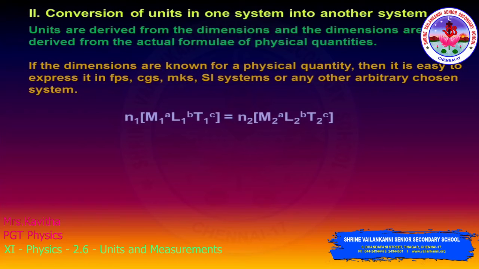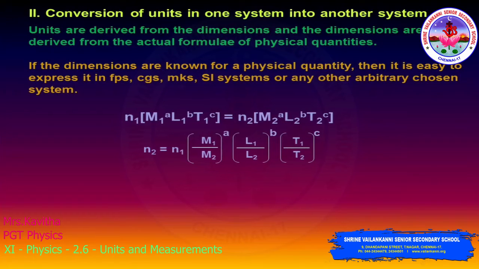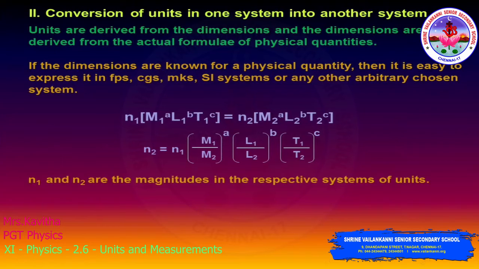Take this formula: N1 into M1 power a, L1 power b, T1 power c, which is equal to N2 into M2 power a, L2 power b, T2 power c, where N2 is for the system you want to change to. This equation can be used to find the numerical value in the second or new system of units.